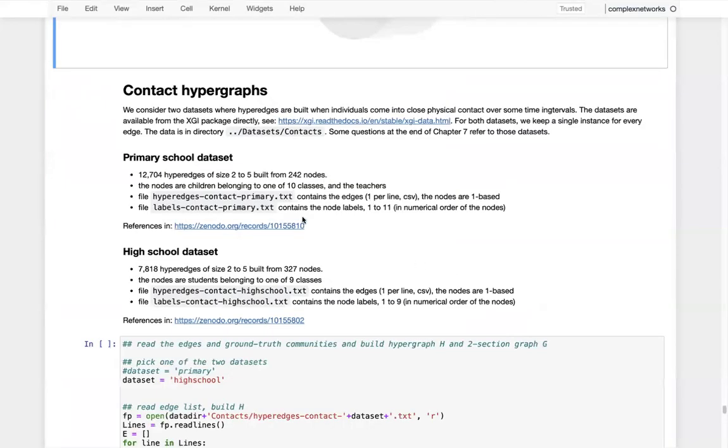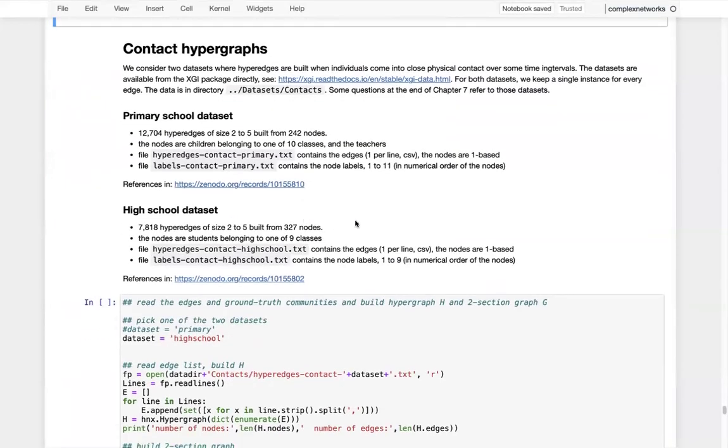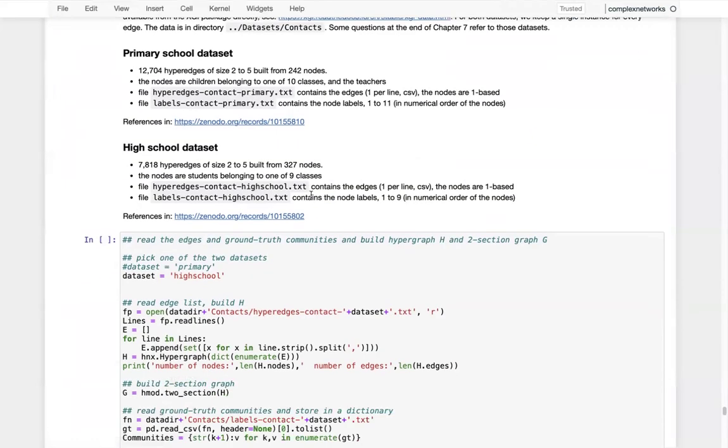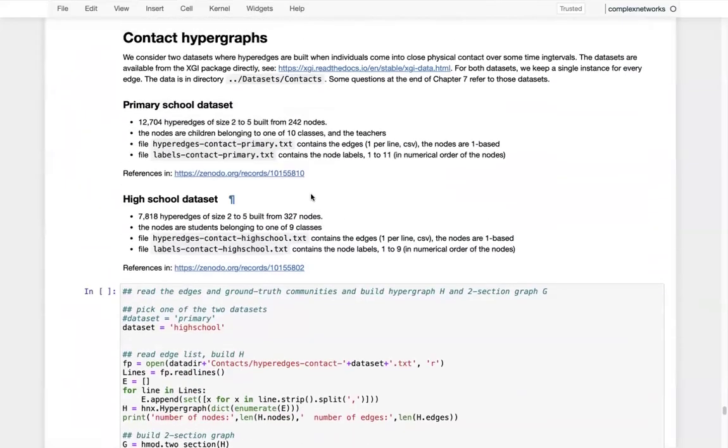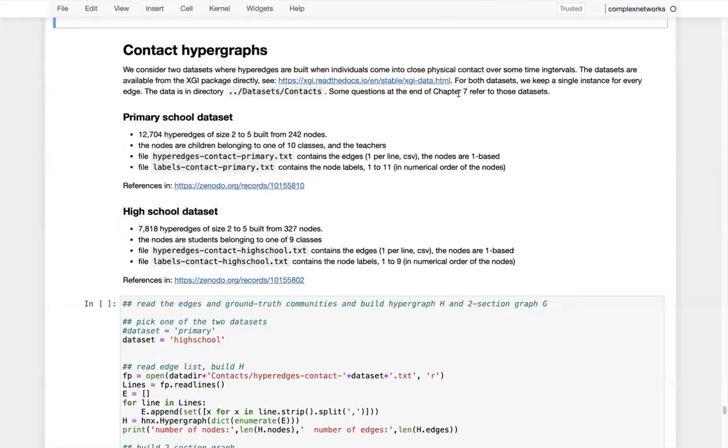Okay, the last thing I'm going to mention is those are different data sets, so-called contact hypergraphs, and the reason for this cell here below is that there's a couple of questions at the end of chapter 7 that refer to those data sets.